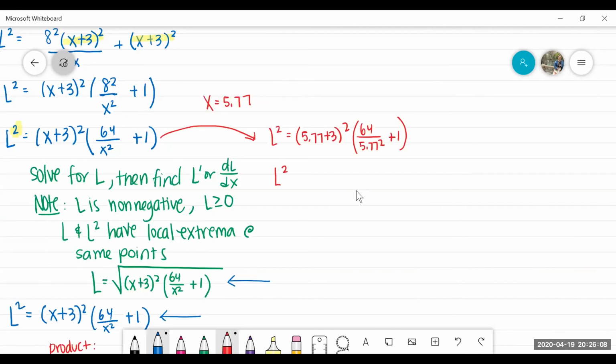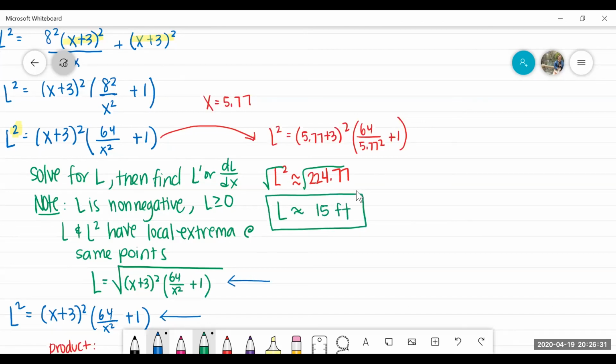If we throw it all on a calculator, we get L squared is approximately 224.77. Square rooting both sides, we get L is approximately 15 feet. And again, we know this is a minimum because of that first derivative test that we applied. Final answer.